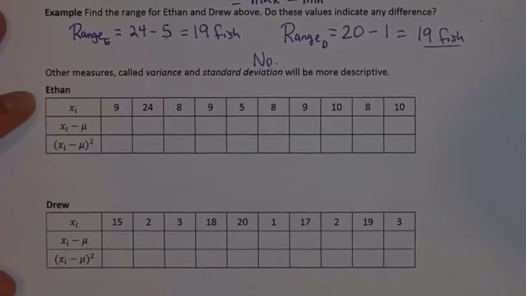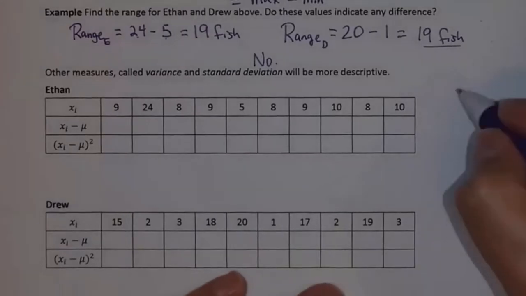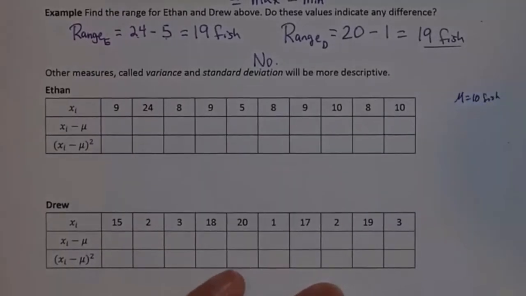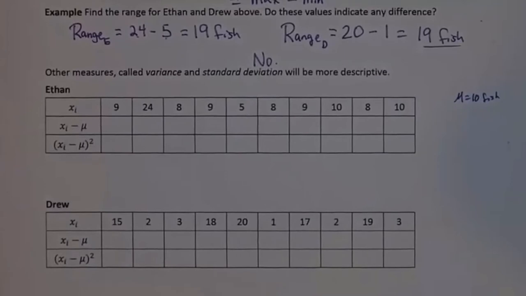And so what statisticians decided is, let's see how far each data value deviates from the center. So if the center is the mean, and remember, Ethan had a mean of 10 fish. So if the mean is 10, let's find the difference between each data value and the mean.